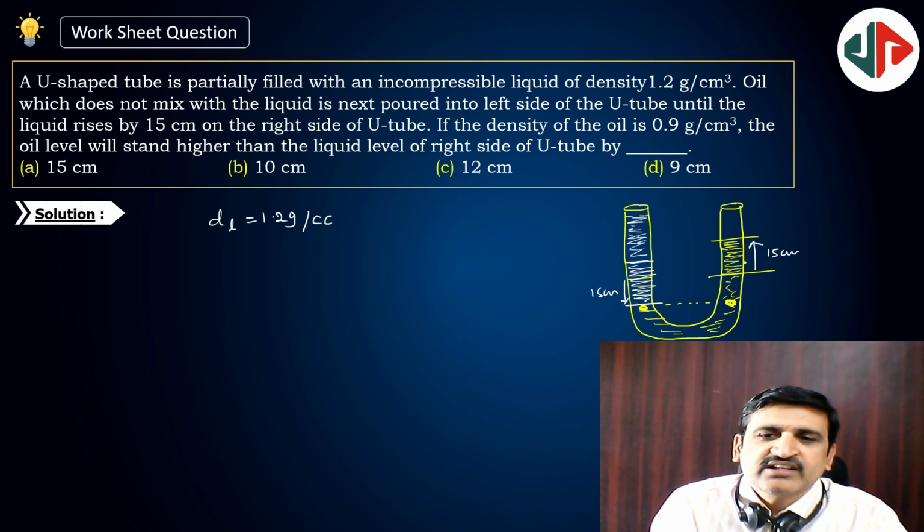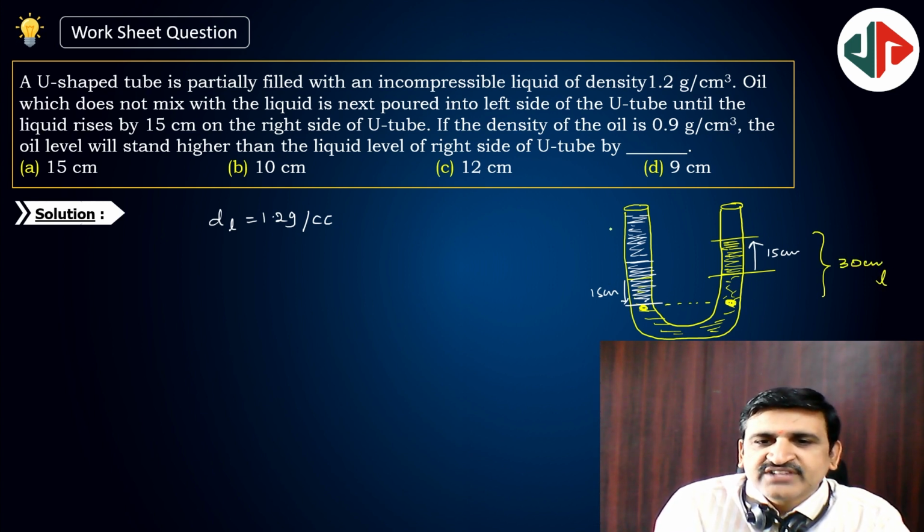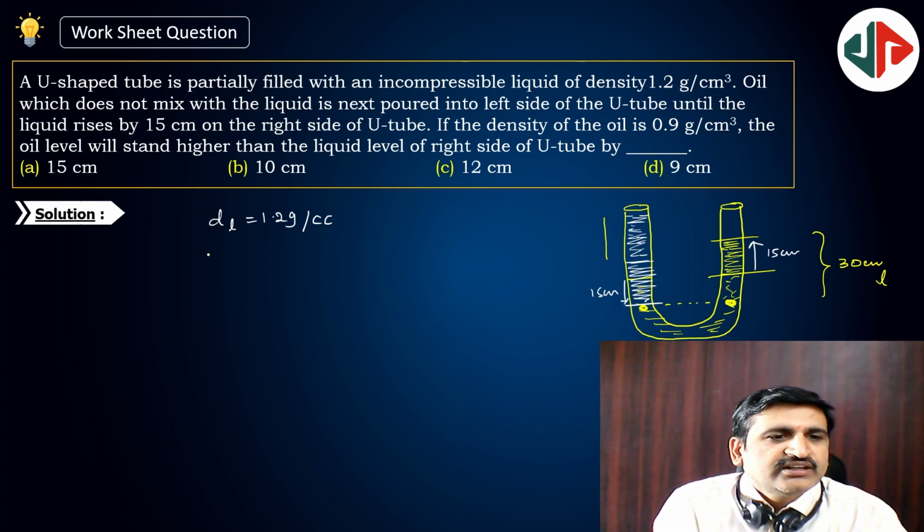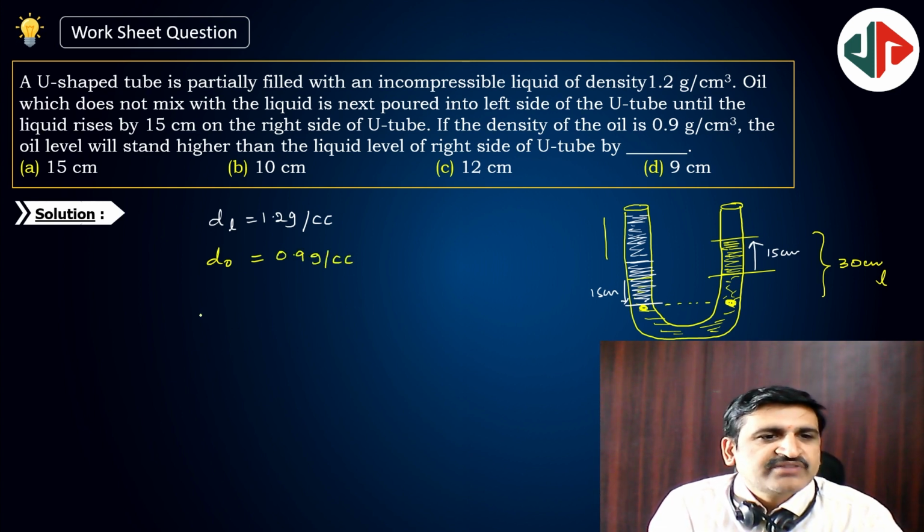So totally on the right side, 30 centimeters will be high of this particular liquid. And left side, this is suppose say H. Okay. So another one, D of oil. Density of oil is 0.9 gram per cc. Next, the liquid rises by 15 centimeter.